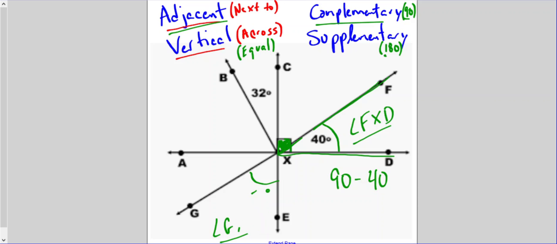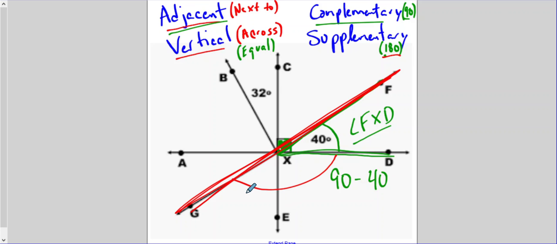I'm going to use that same starting angle of FXD and look for something that is supplementary with it. And there's actually two in this picture. I'm going to extend this line. If they're going to add up to 180, they have to make a straight line together. So this angle down here completes this straight line with this 40 degrees.